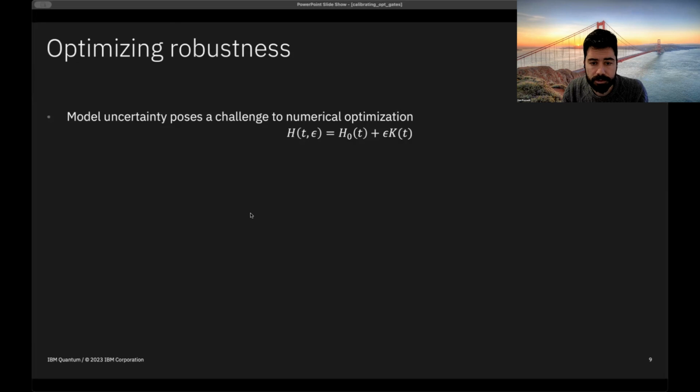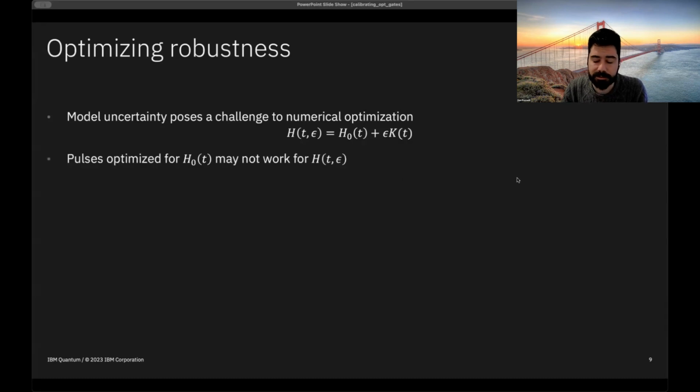So model uncertainty poses a challenge to numerical optimization. What I mean by that is, say your model is some Hamiltonian H0, but in reality, when you go to a device, maybe there's some other component in your Hamiltonian, and you could parameterize this in lots of different ways. But say in a really simple case, it's some epsilon times some other Hamiltonian, so it's a slight deviation.